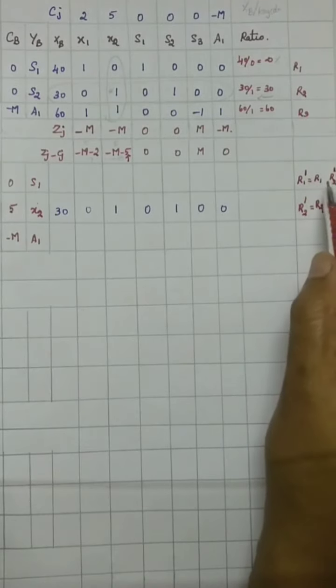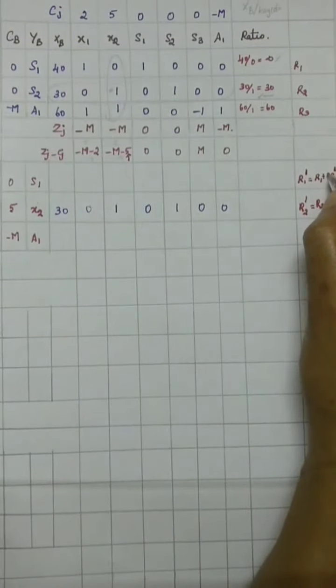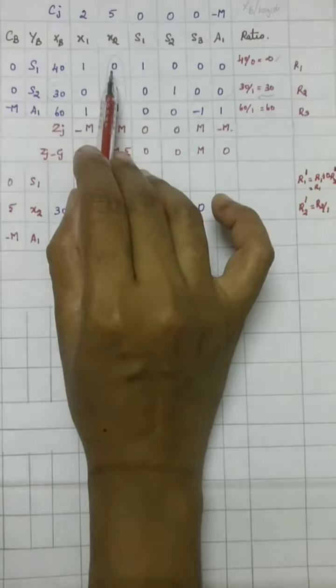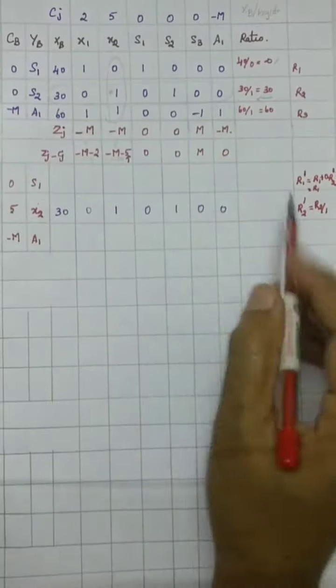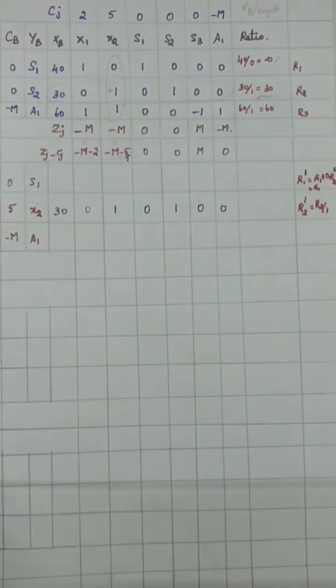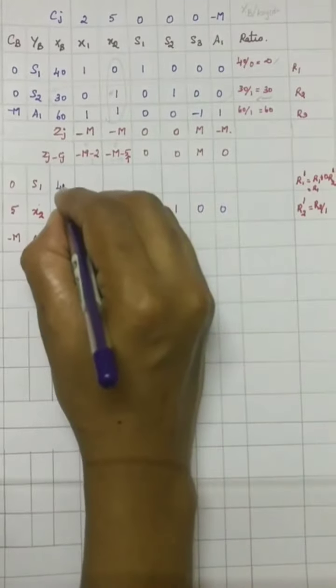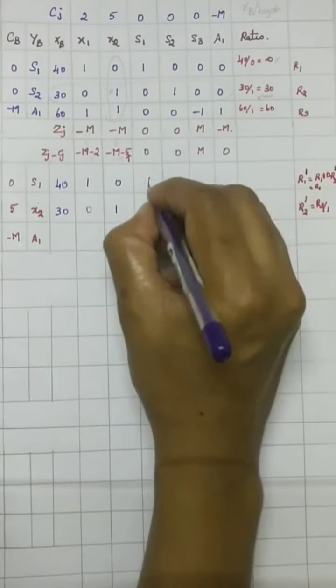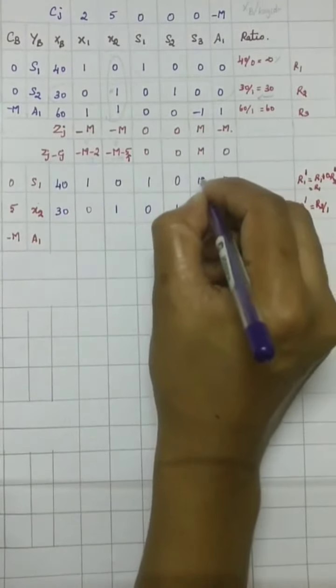In between we have an element, here 0, so you add 0 into R2 dash. 0 into R2 dash is simply R1, so you keep the same row as it is: 40, 1, 0, 1, 0, 0, 0.